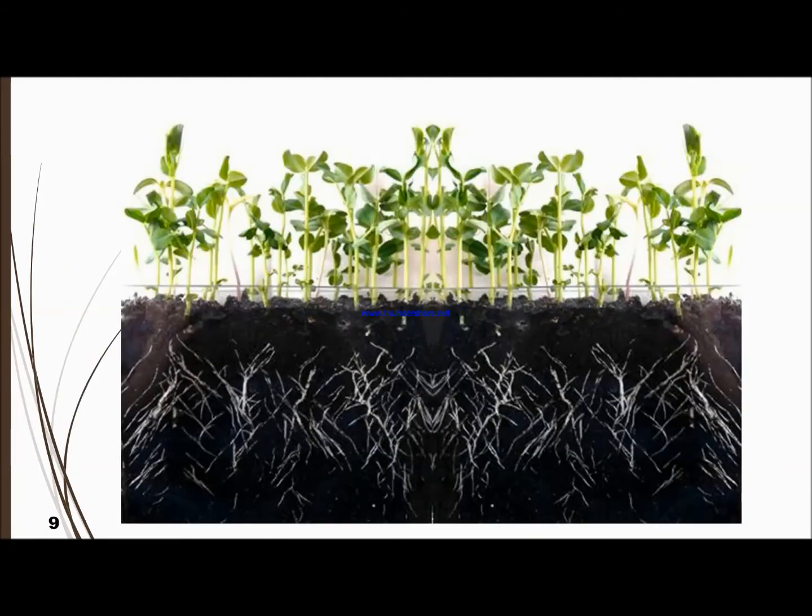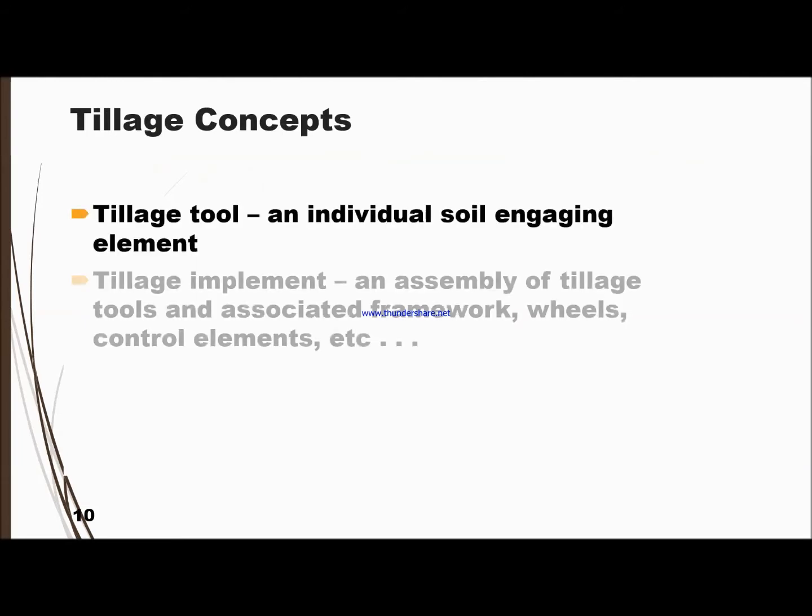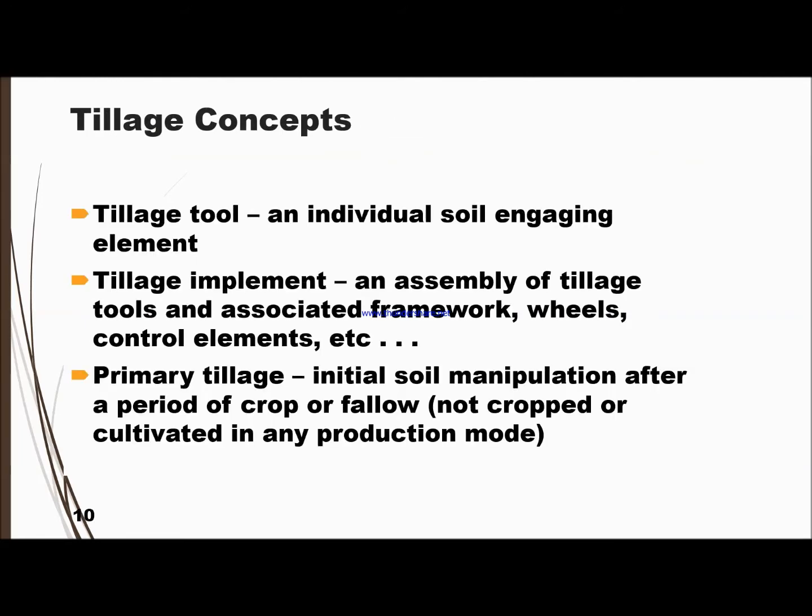If you imagine this is the profile of the soil, and the soil is not ready, how can the roots of the plant penetrate to get all the nutrients? So for the tillage concept, a tool is an individual element engaging the soil, and a tillage implement is a set of tillage tools, an assembly of tools and associated framework, wheels, and control elements like hydraulic valve, hydraulic actuator, the tire, and so on.